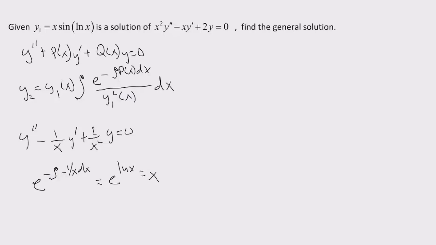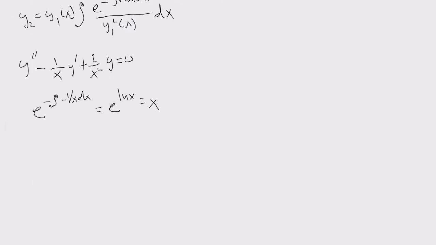Okay, so at this point then we have x sine of ln of x. In the integral, we have an x up top, x squared sine squared of ln of x dx.